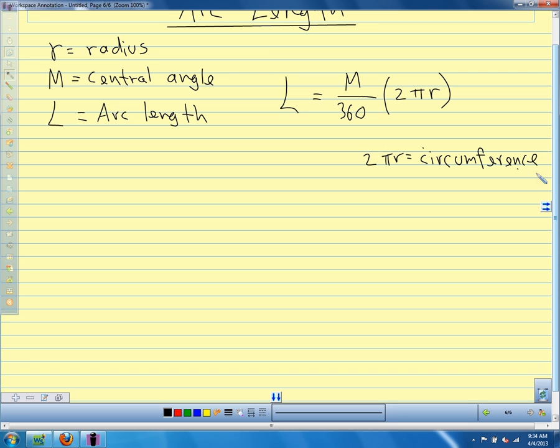So we could think of that as the arc length of the entire circle. That's how far it is all the way around. What is 360 degrees for a circle? Isn't that how many degrees are in a circle all the way around? So if we take the angle that we have and divide by 360, that tells us what portion of the circle that angle takes up. So m over 360 tells us what part of the circle we're talking about.